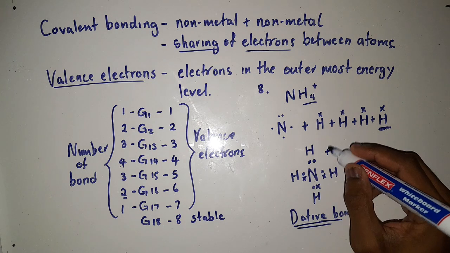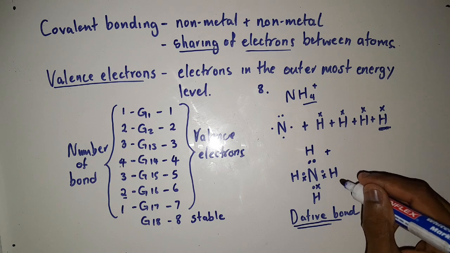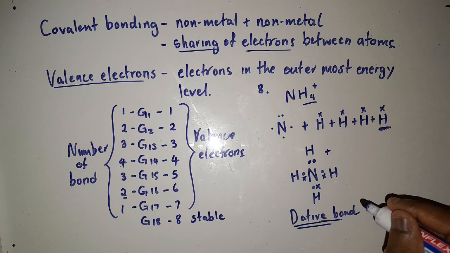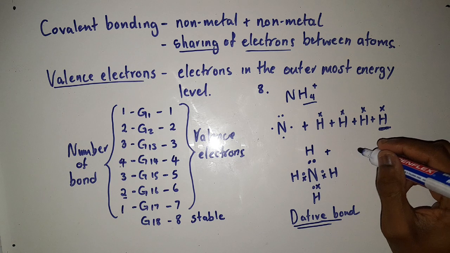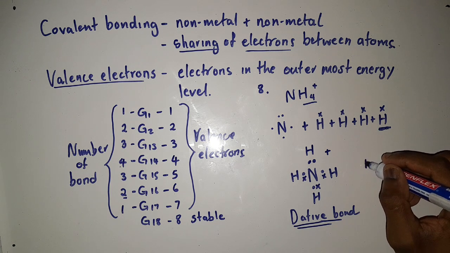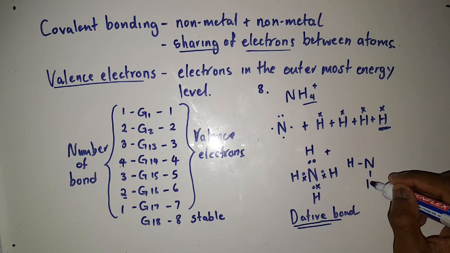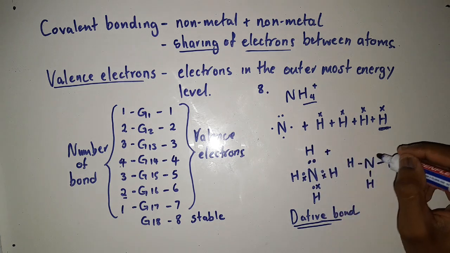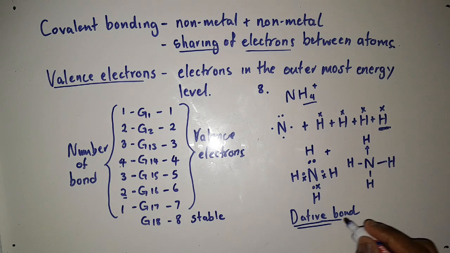We must put that addition like this, because if we were to represent this given diagram in a form of lines, in a form of bonds per se, we would have a situation which is like this. Because this one is a special case, we just put an arrow to indicate that it is a dative bond.